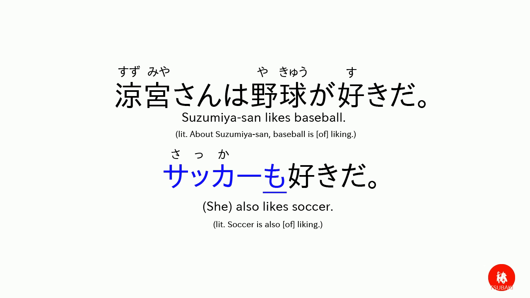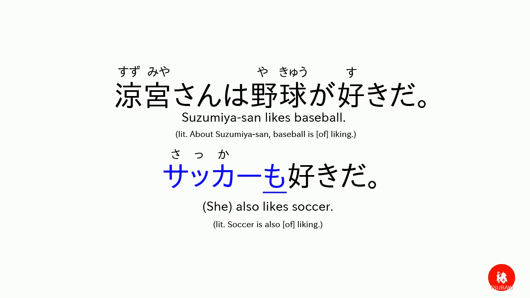So in this case, the ga identity particle was replaced with mo. So now sakka, or soccer, is treated as an addition to what was before. So now soccer goes alongside baseball, and Suzumiya-san not only likes baseball, yakyū, Suzumiya-san also likes soccer.